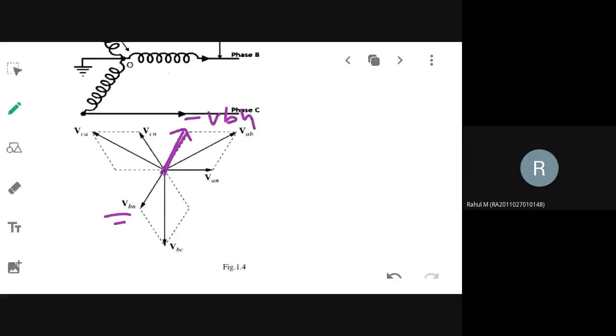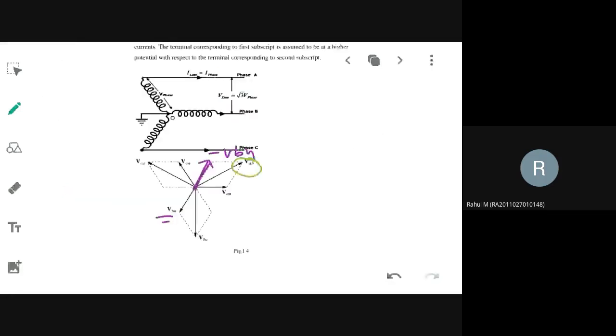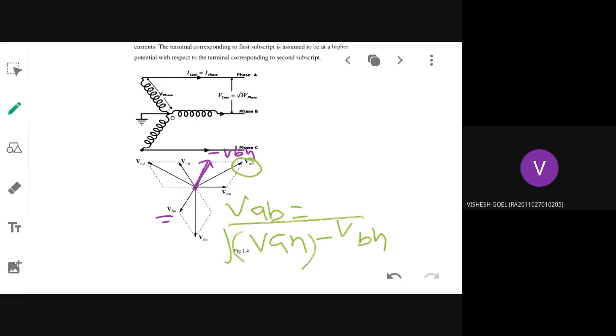VAB is equal to the square root of VAN squared plus VBN squared plus 2 VAN VBN, with the angle between these, I think, cos 60. So if I do that, what will be the answer?